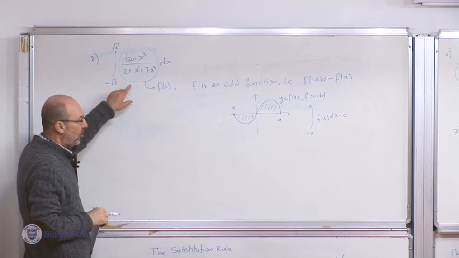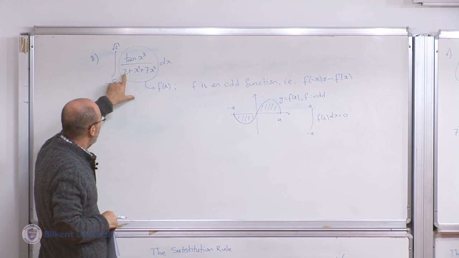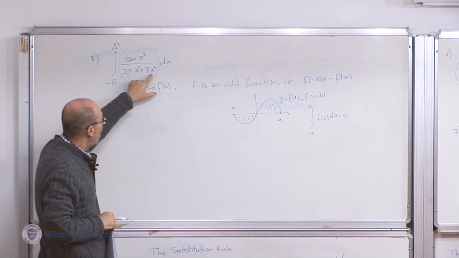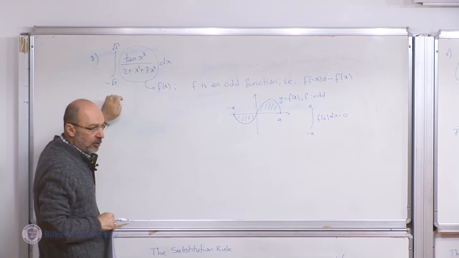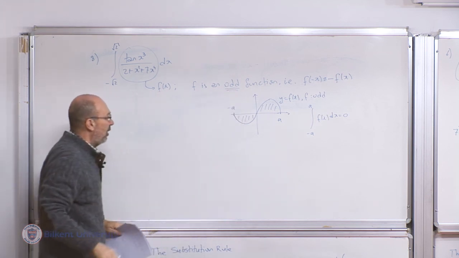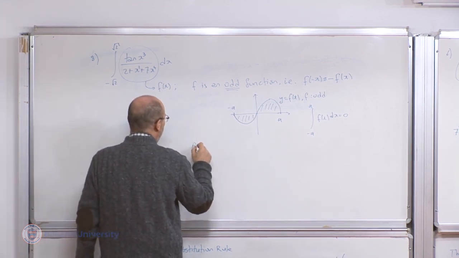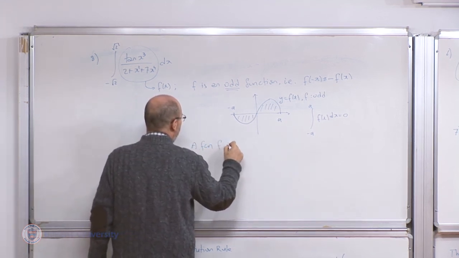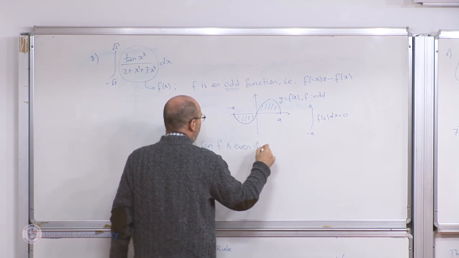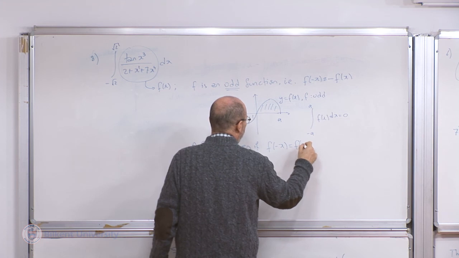So here you don't try any technique. You just check that this function is odd. This part is even powers, and this is odd. And by the way, that's why we use the words odd and even. A function f is even if f of minus x is equal to f of x.